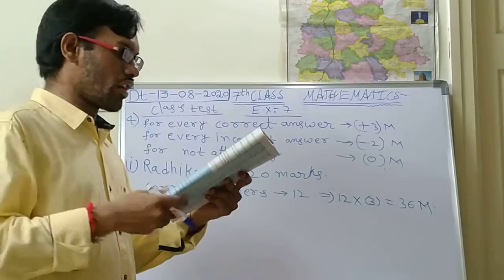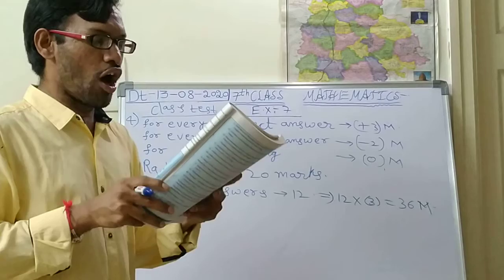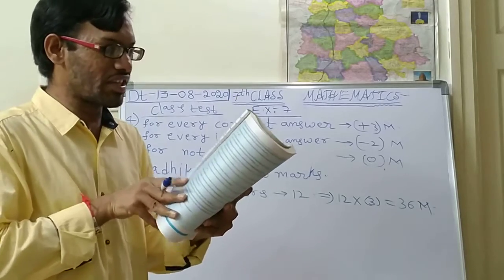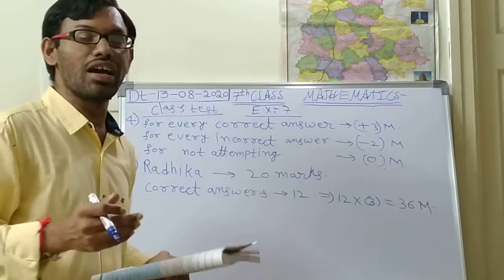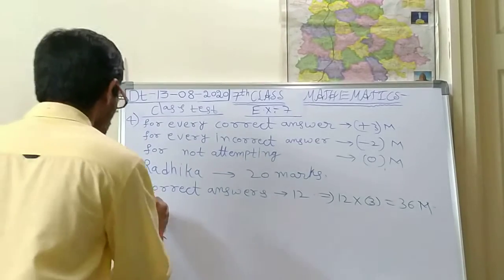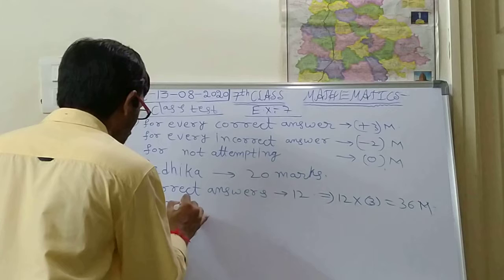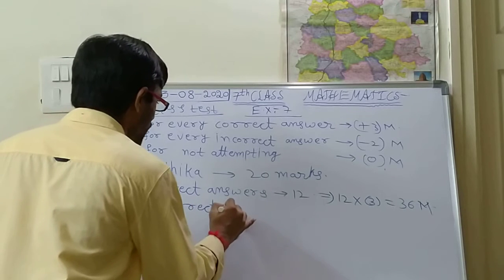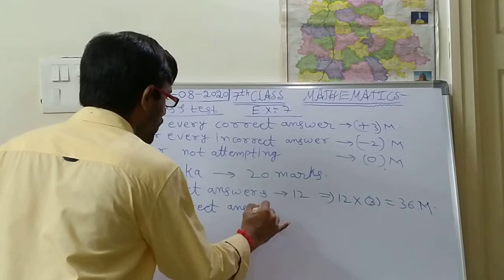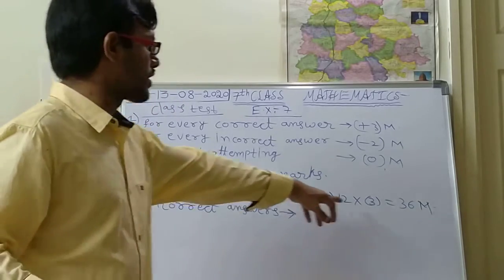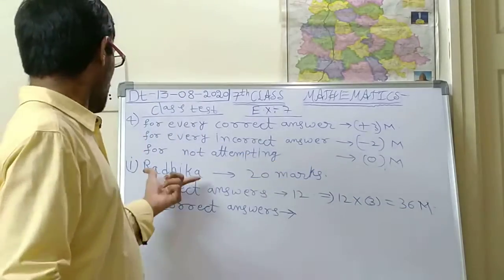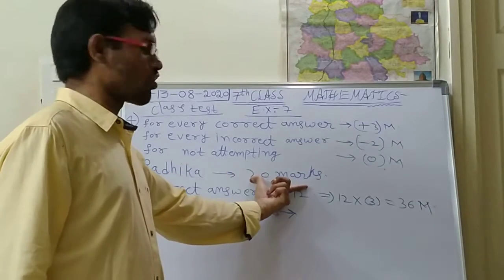If she got 12 correct answers, how many questions has she attempted incorrectly? We have to find the incorrect answers. For 12 correct answers she got 36 marks, but her final score is 20 marks only.